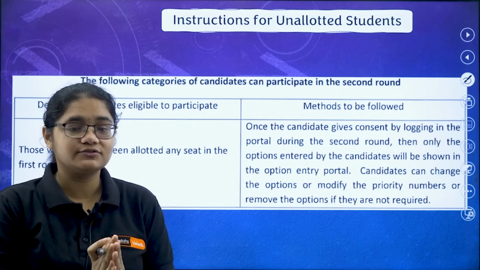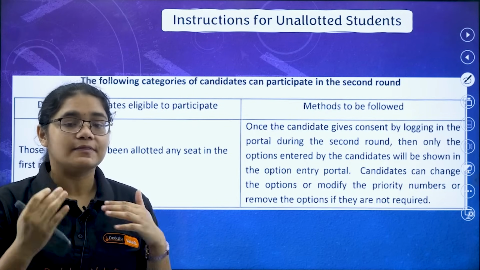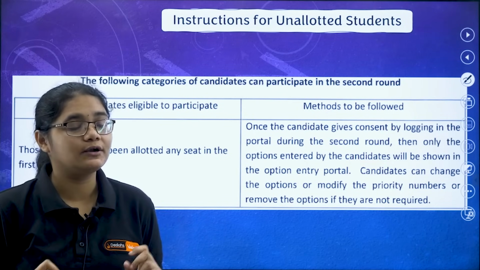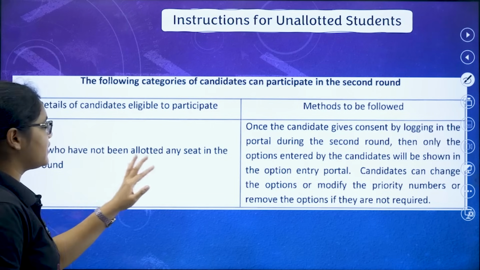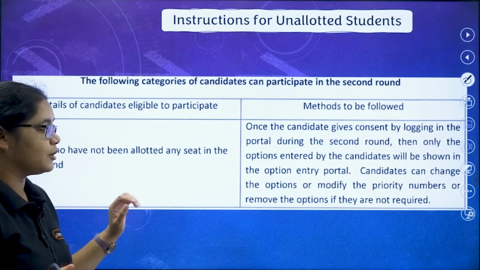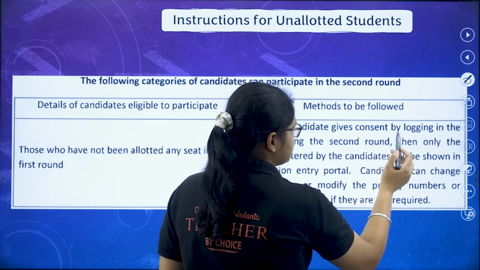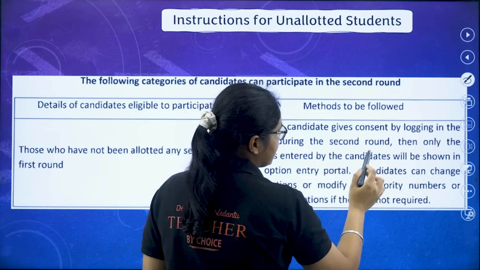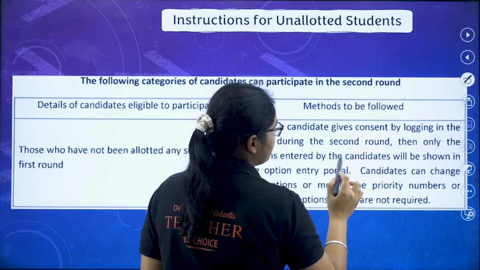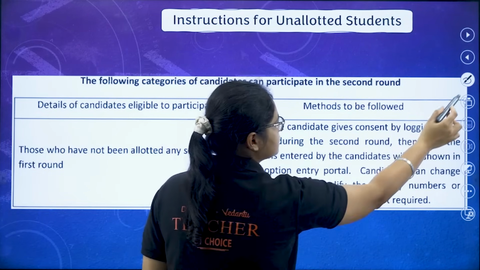Now we will move to instructions for those candidates who are not allotted any seat in round 1. There were many students giving comments that they were not allotted any seat. So those students who have not been allotted any seat in the first round, once the candidates give the consent by logging in to the portal during the second round, then only the options entered by the candidates will be shown in the option entry.